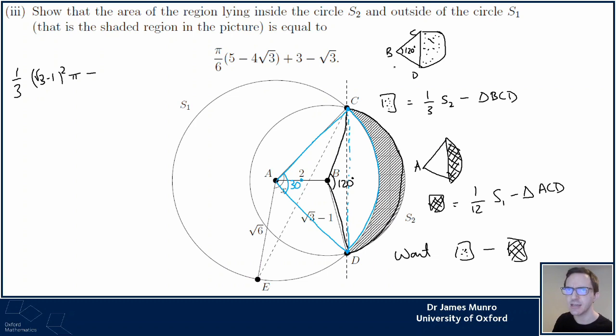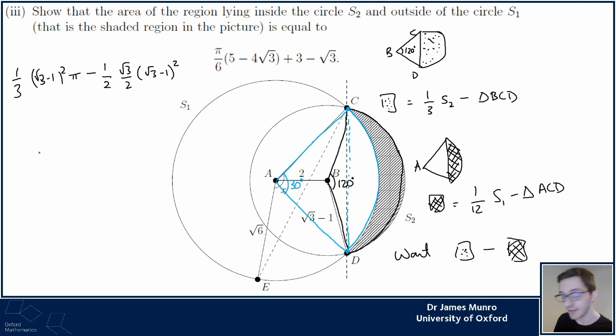I'm going to use the half AB sine theta expression for the area of a triangle. What is sine 120 degrees? I think sine of 120 degrees is the same thing as sine of 60 degrees, which is √3/2. And that's going to be multiplied by (√3 - 1) squared for the length of those sides. Okay, that's my spotty area.